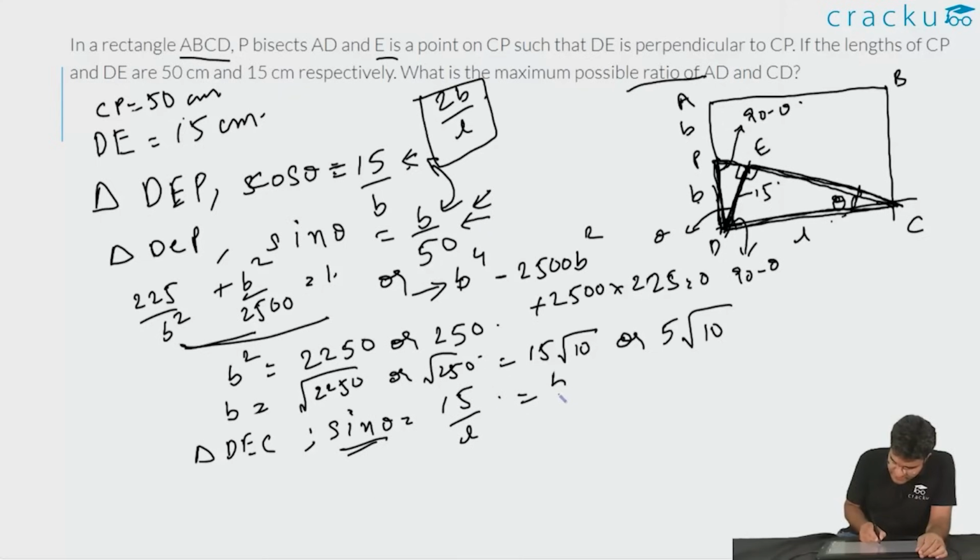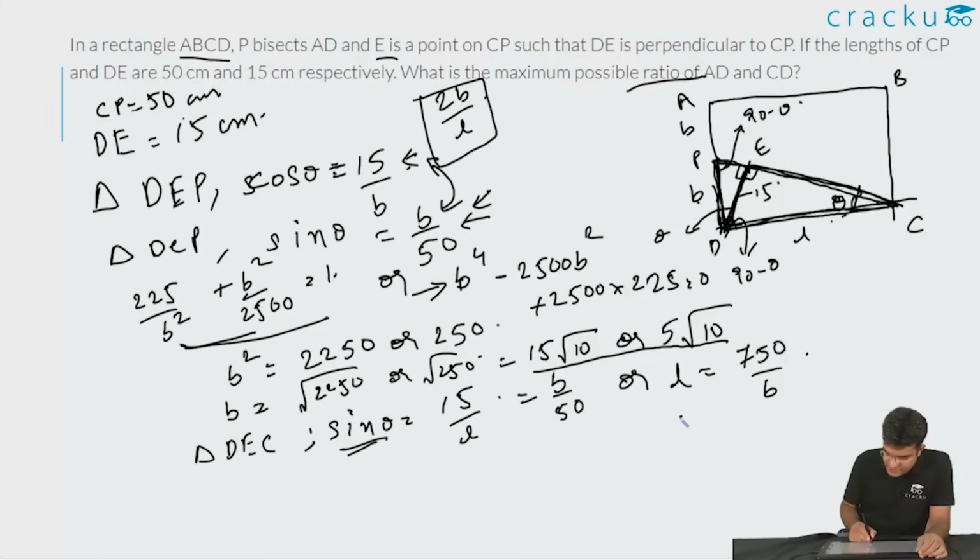So this is equal to b by 50, or L is equal to 15 into 50, that is 750 by b. So we have two values of b and we know the value of L in terms of b. So for each of the values we will calculate the similar value of L.